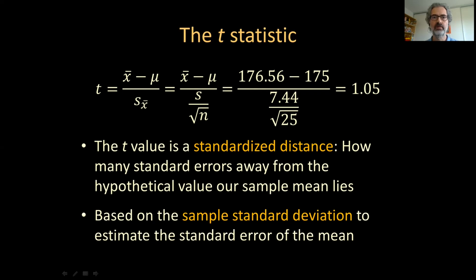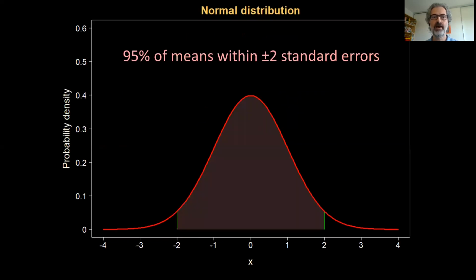As you recall, the number of standard errors is associated with probabilities. So if we go back to the normal distribution, we know that 95% of means will lie within 2 standard errors from the population mean.